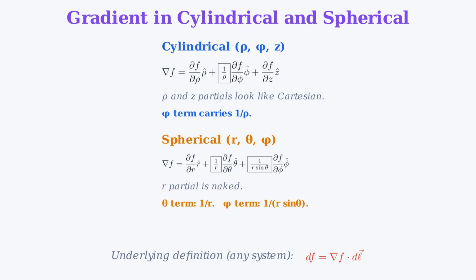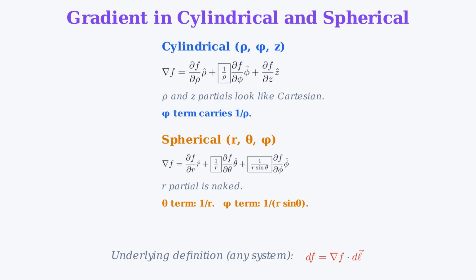In spherical, nabla f equals partial f partial r r hat plus 1 over r times partial f partial theta theta hat plus 1 over r sine theta times partial f partial phi phi hat. The r partial is naked, same as the rho partial in cylindrical. The theta term has a 1 over r, and the phi term has a 1 over r sine theta.